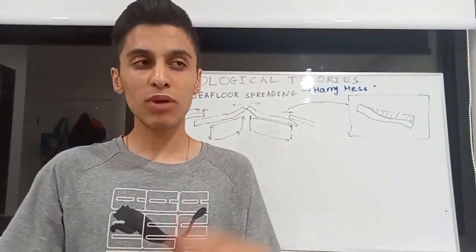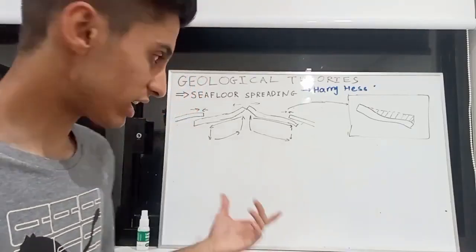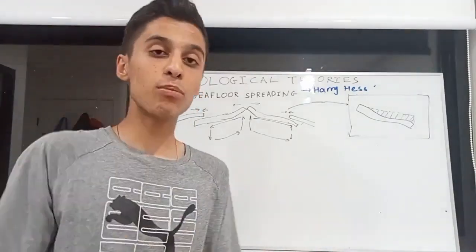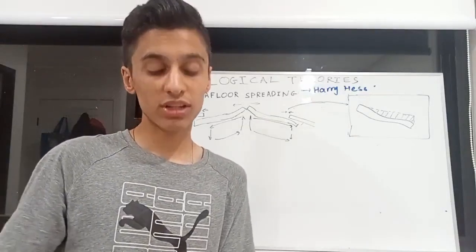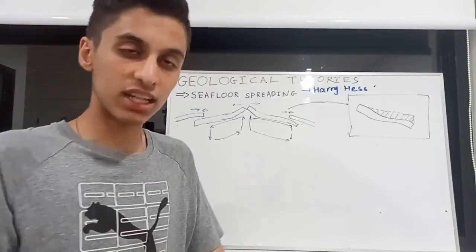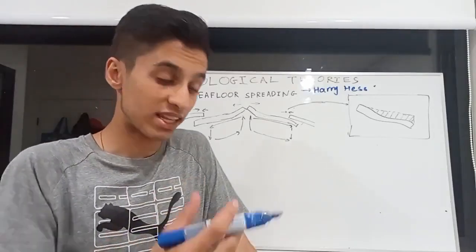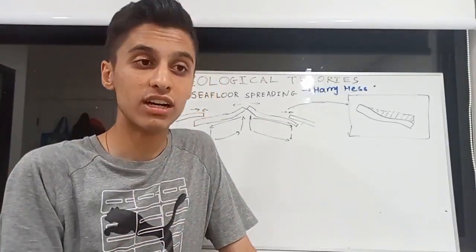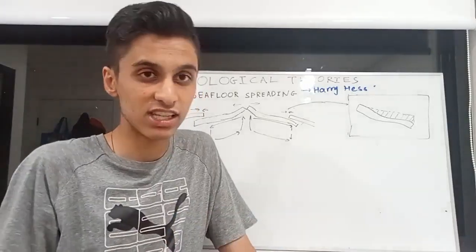So why don't we, to start with, take a look at the convection current theory and build upon it so that it leads to the seafloor spreading theory. So we know that in the convection current theory there are convection currents under the Earth's lithosphere.